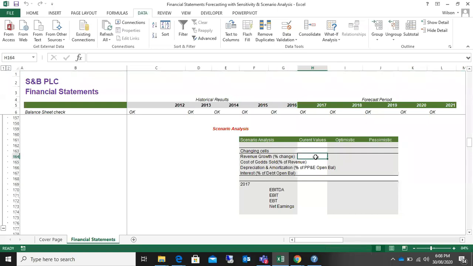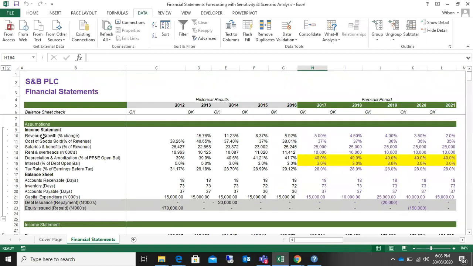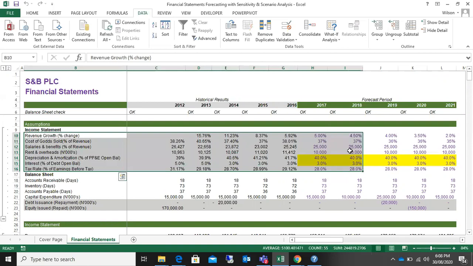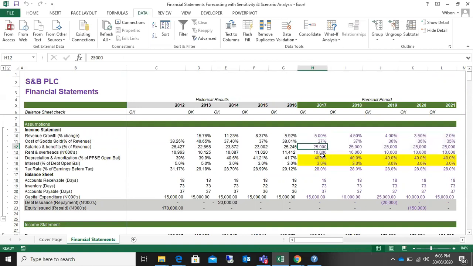Now, when you are doing scenario analysis, you look at all these assumptions that you have made. Each of these assumptions is actually a base case.